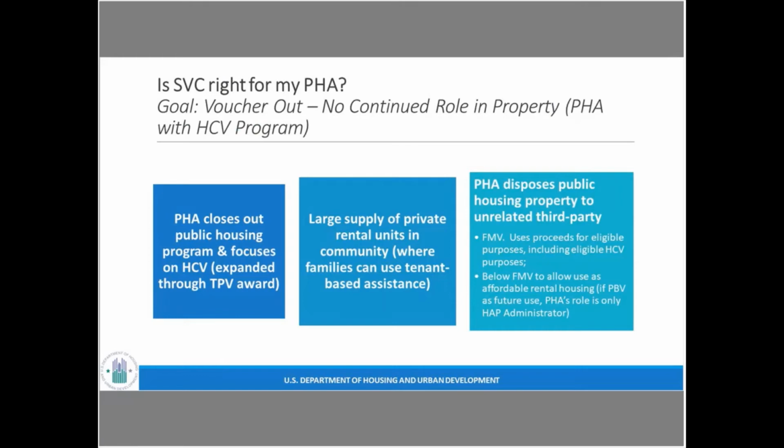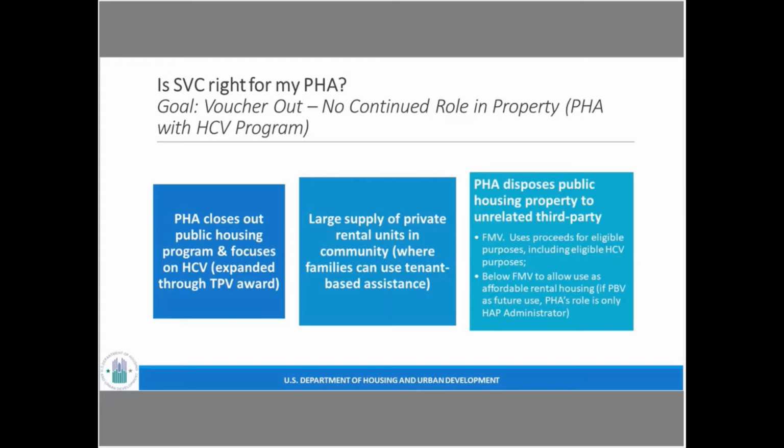If that's the goal, it's definitely possible under streamlined voluntary conversion. Unlike RAD, there's no preservation, one-for-one replacement, anything like that. So a housing authority could propose a future use plan for the property that doesn't propose any kind of preservation or continued affordable housing use of the properties.